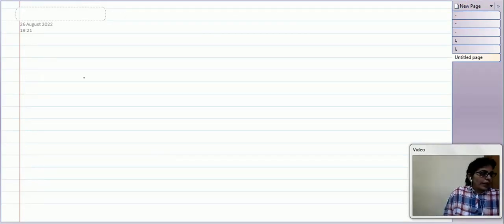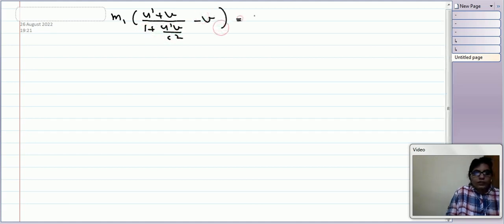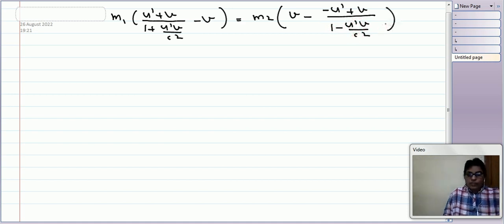Let me write the equation again. It is m1 times u dash plus v divided by 1 plus u dash v by c square minus v, equal to m2 times v minus u dash plus v divided by 1 minus u dash v by c square. This is our equation, and now we have to solve it.